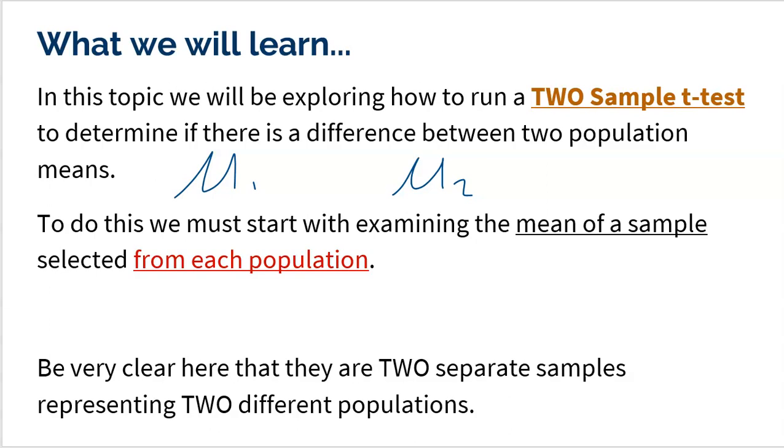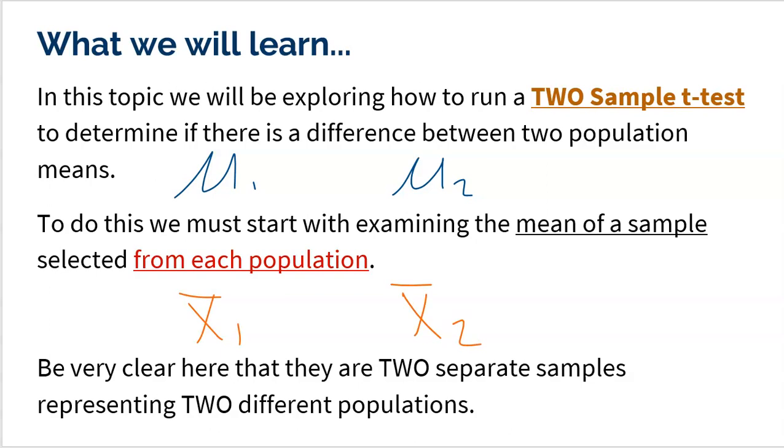Now, to do this, the only way I could think to figure this out is to start with looking at a sample, right? We need to take a mean from a sample taken from population 1, and we need to examine a mean taken from a sample from population 2, right? So we're going to look at an x-bar for sample 1. So that's a mean of a sample taken from population 1. And we're going to look at a mean of a sample taken from population 2.